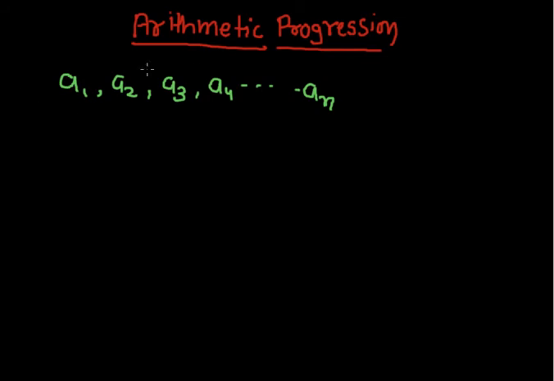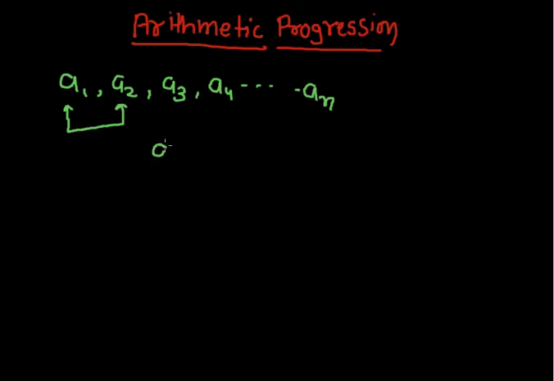It would be in AP, arithmetic progression, if a term and a preceding term, that is, the second term and the first term, have a common difference. Common difference should be constant.